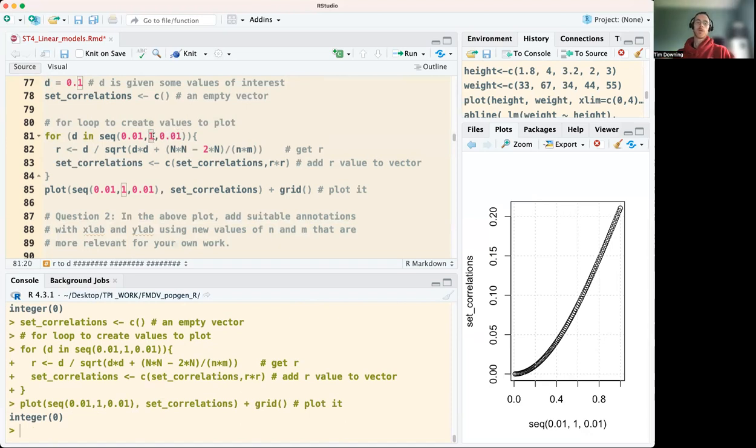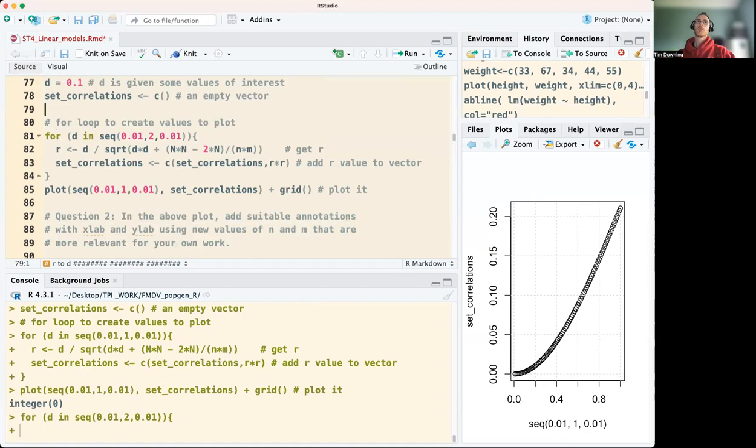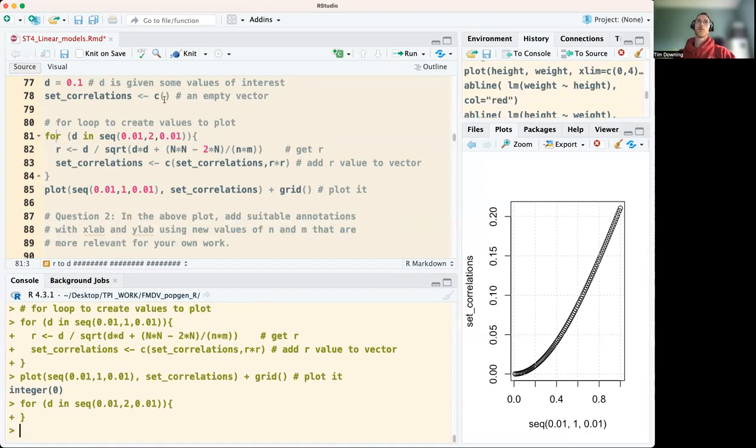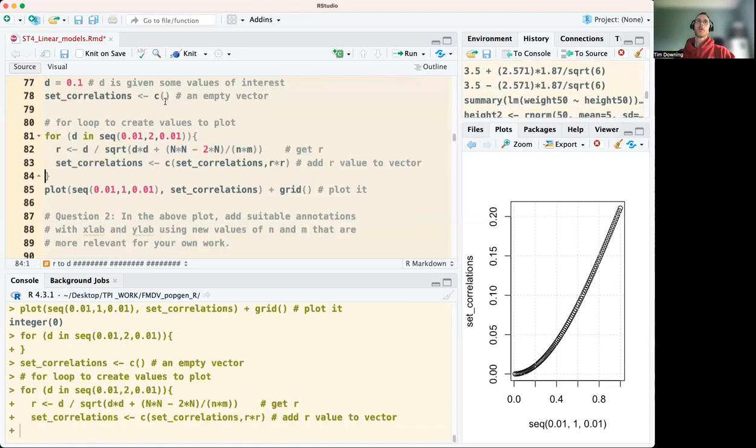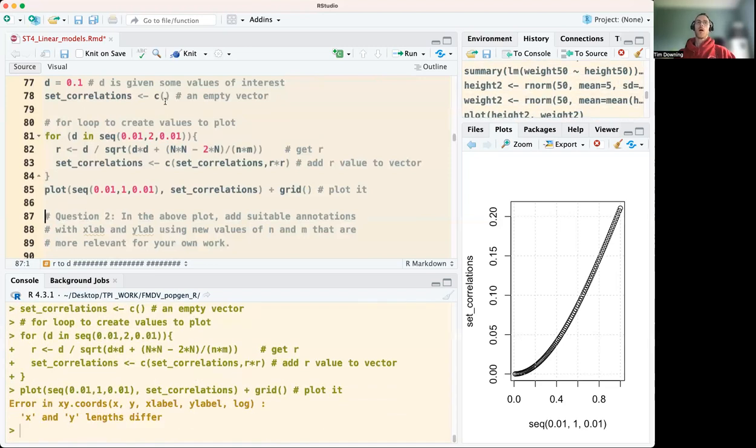We can expand this as well to a value of 2 to see what we get. If we do this after resetting the initial vector, of course, first, we have to increase our number of values.